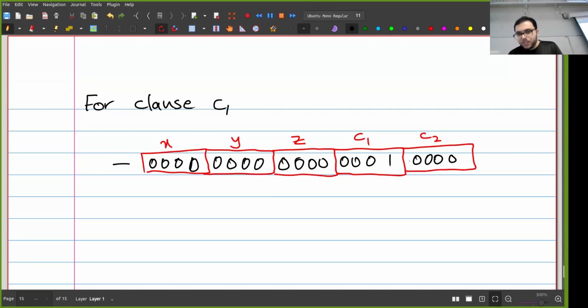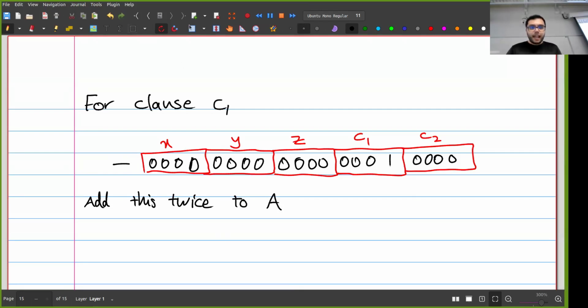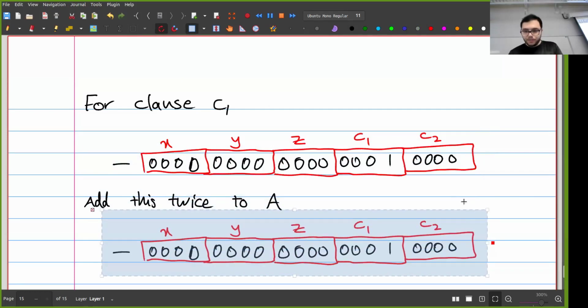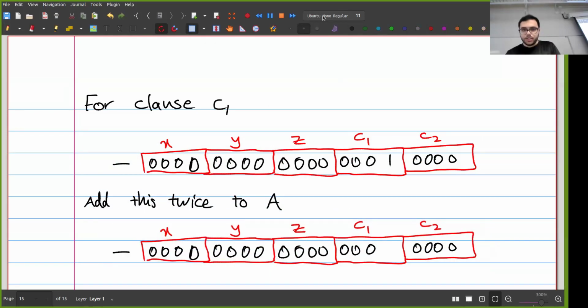It has 1 for C1. It doesn't have anything for C2. And I add this to my set twice, so I have 2 copies of it. And similarly, for my other clause C2, I will have this number, where it's a 0 here, and it's a 1 here. And I add this one twice to A as well.